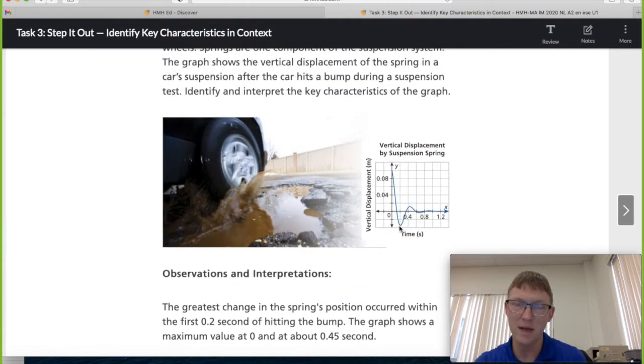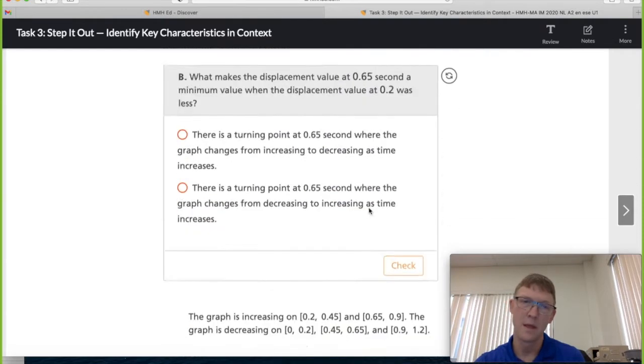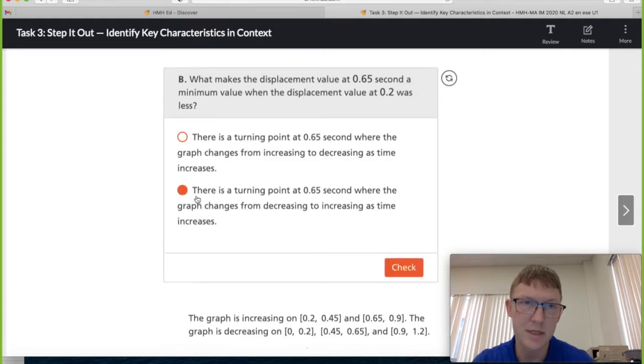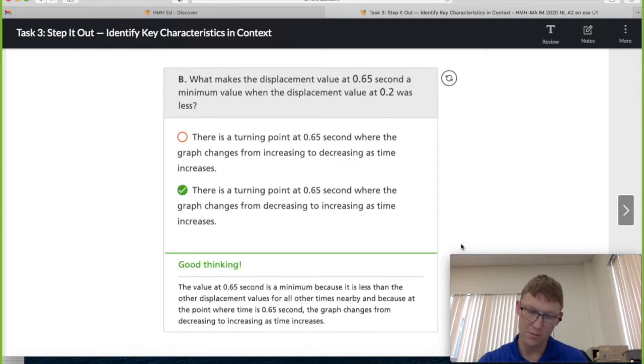This is a global minimum, and you can tell it's a minimum because it's a turning point. So there's a turning point at 0.65 seconds where the graph changes from decreasing to increasing. So from decreasing to increasing, this would be a minimum.